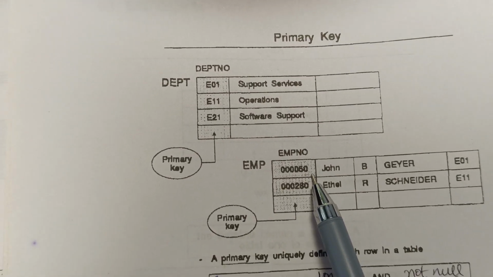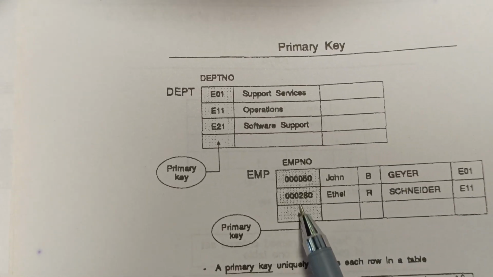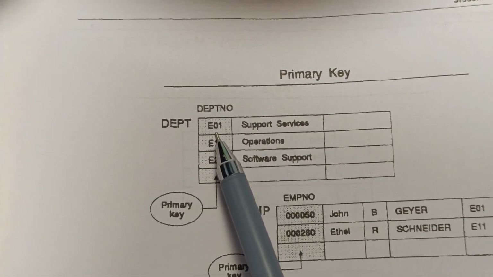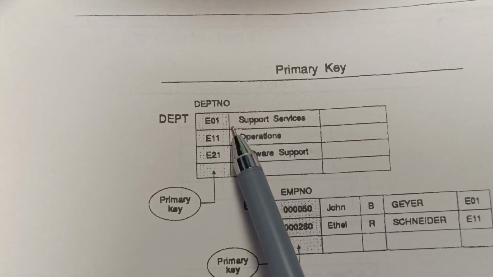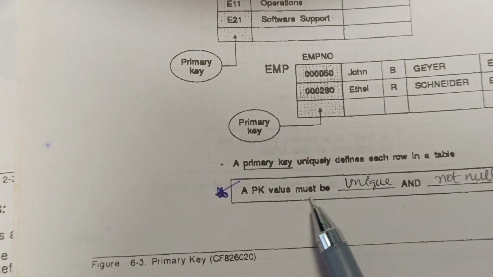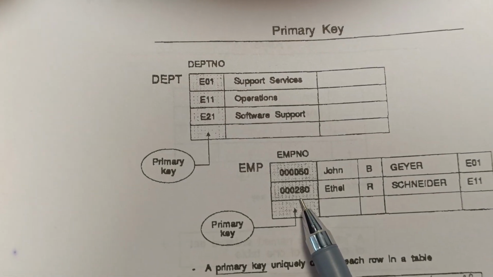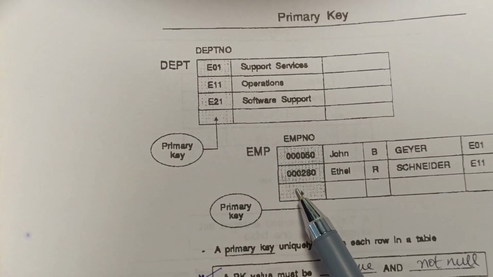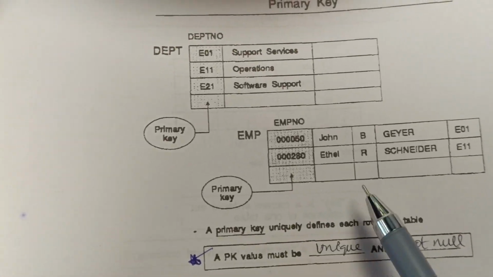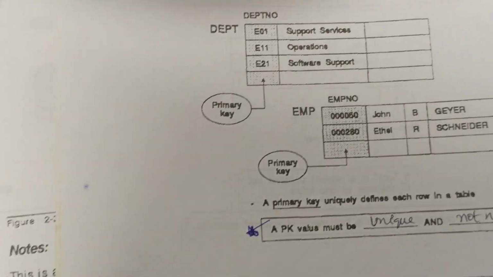Whenever you access by the primary key, it identifies that particular row. For this table, this is a unique row identifier, that's why we call it the primary key. The primary key must be unique and not null. The primary key should not have a null value. It should have a unique value and be a not null field.